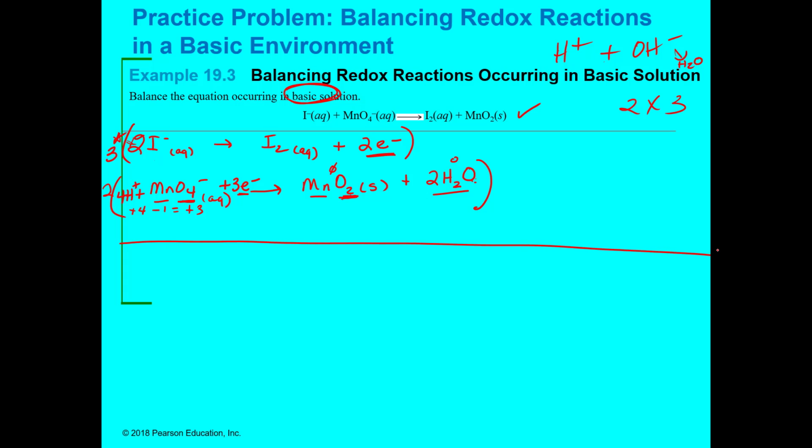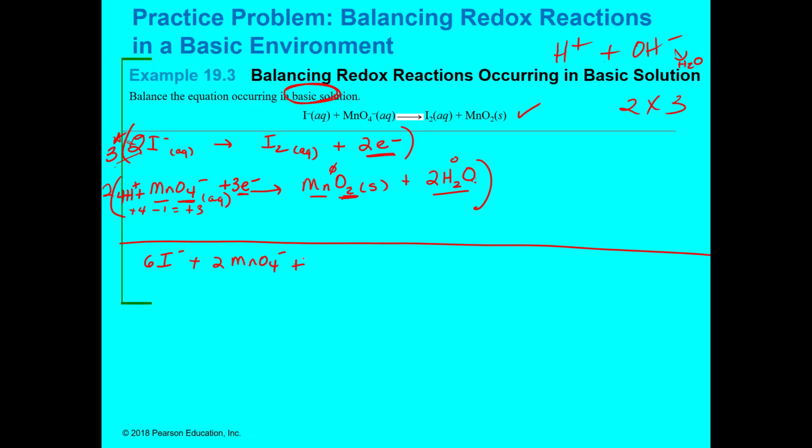So for my iodine, 2 times 3 is 6 I minus. Let's see, 6 I minus plus 2 MnO4 minus plus what?